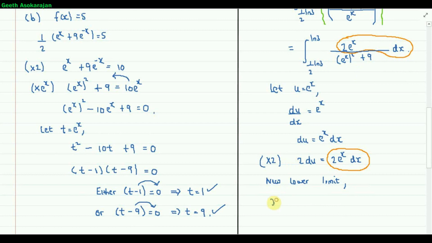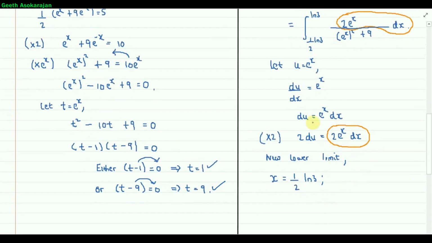So the old lower limit is x equal to half ln 3. And if I replace that in our substitution, we can get the new lower limit. So we'll have u is equal to, here's our substitution, e to the power x, which is half ln 3.